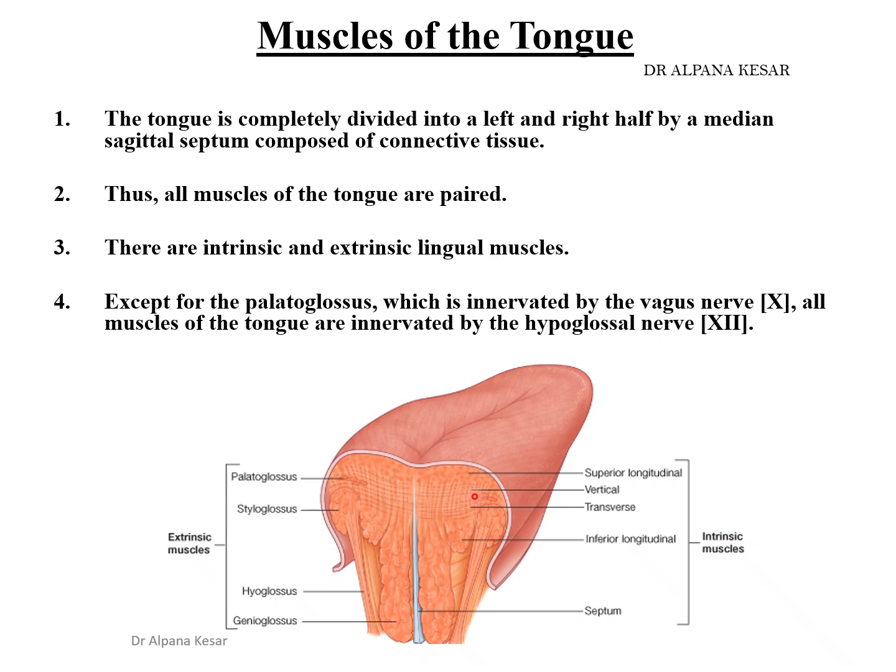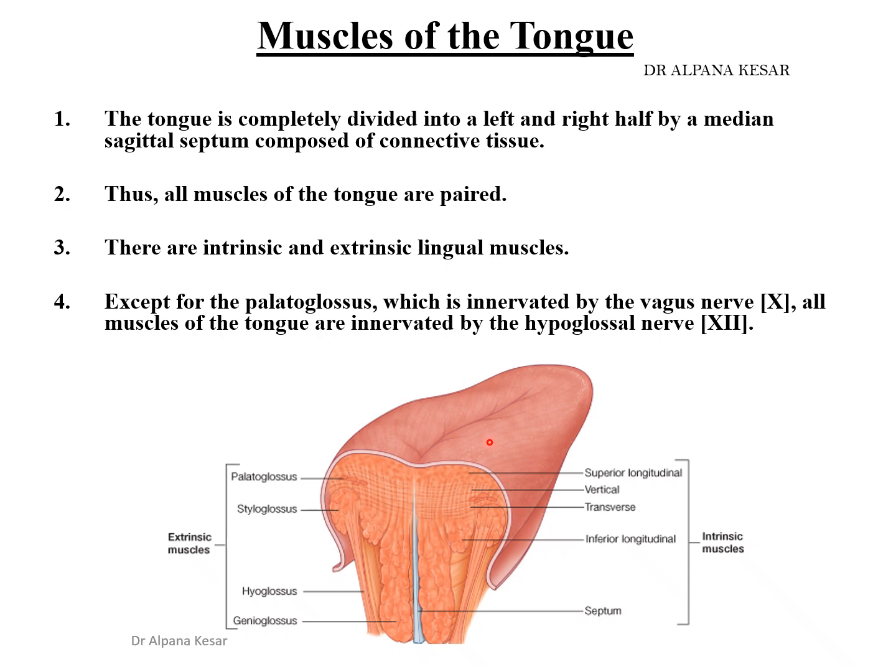There are two groups of muscles present in the tongue: intrinsic muscles and extrinsic muscles. Intrinsic muscles take origin from structures within the tongue and get inserted in the tongue. They help in changing the shape of the tongue. Extrinsic muscles take origin from structures outside the tongue and get inserted in the tongue.